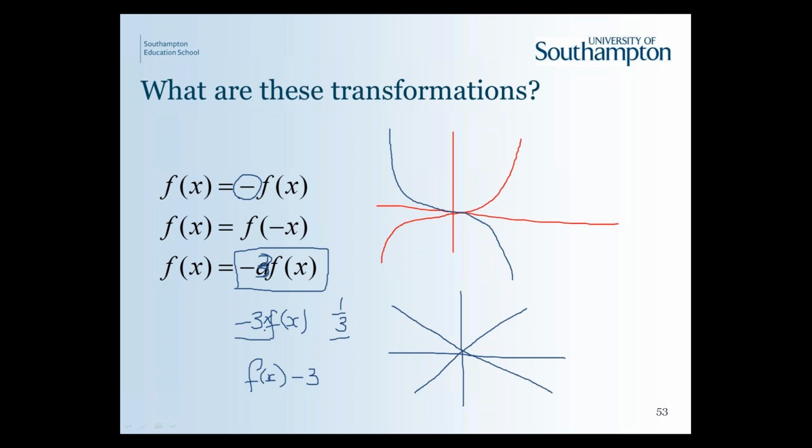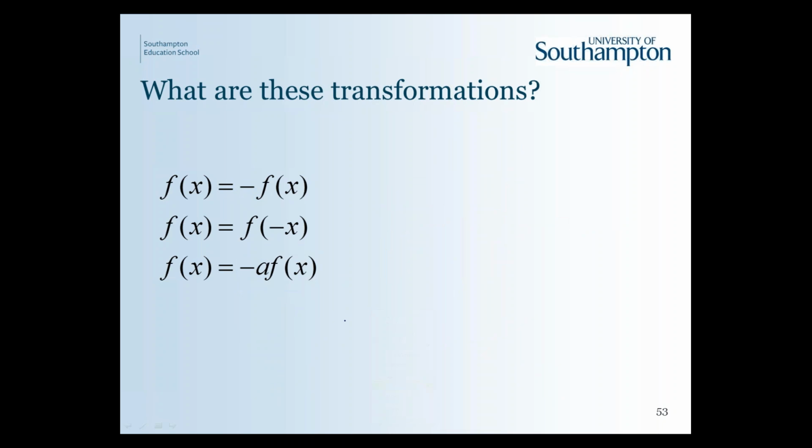So I often get them thinking that a minus 3 kind of shrinks it. But it's two separate things. There is no such thing as a negative stretch. It is a reflection and a stretch. So they find that quite tricky.